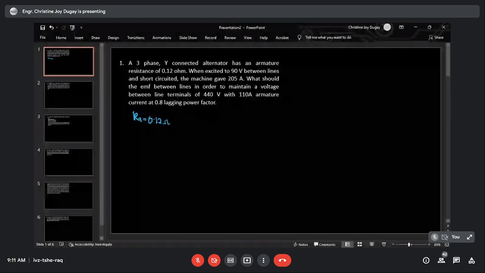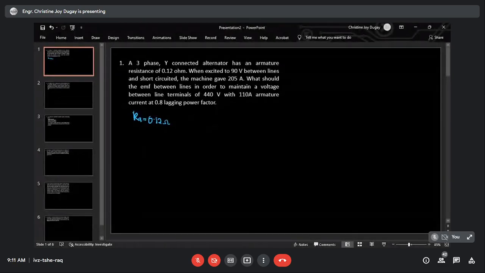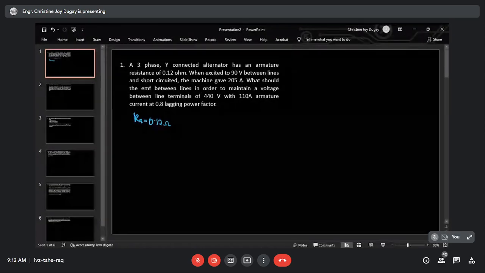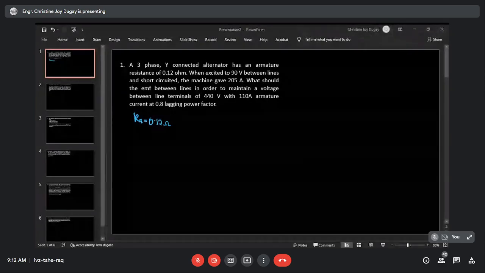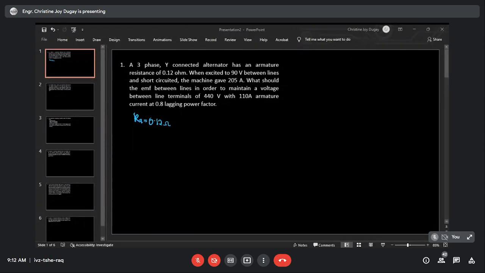The armature resistance is already 0.12 ohm. Why would we divide it by 2? Any reason? It is already given. The value of our armature resistance is given, and the problem did not say that we have to solve for the RA and divide it by 2. The problem itself gave it. It said that the armature resistance to use is 0.12 ohm.